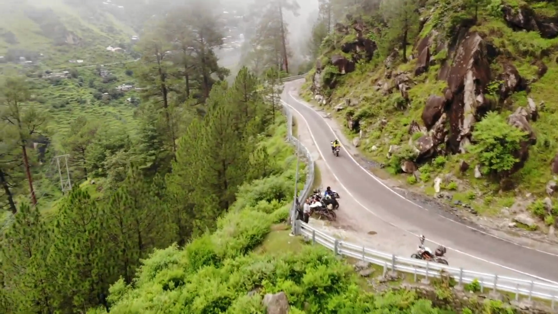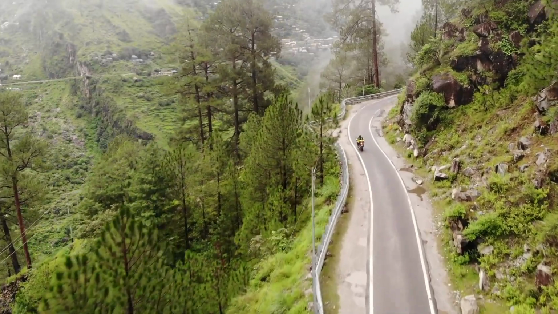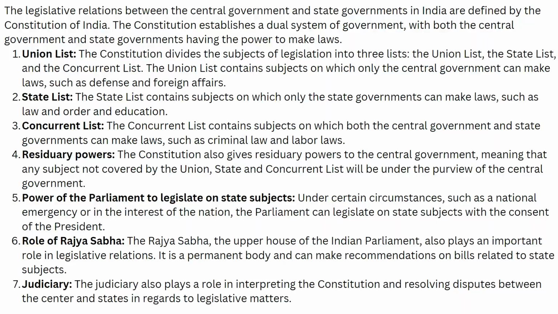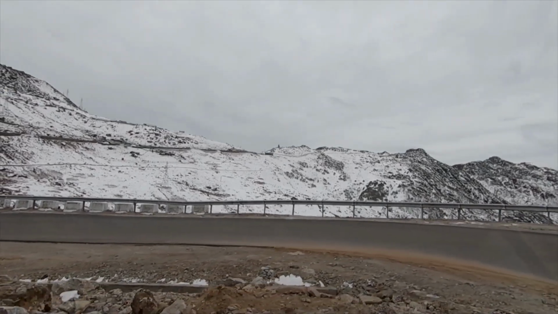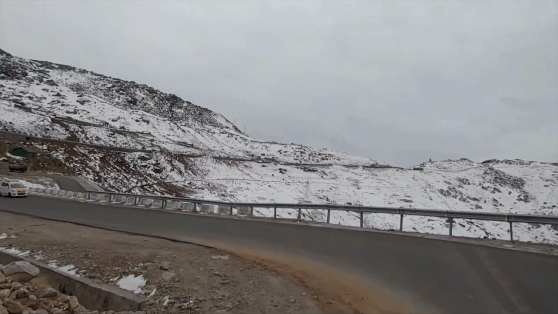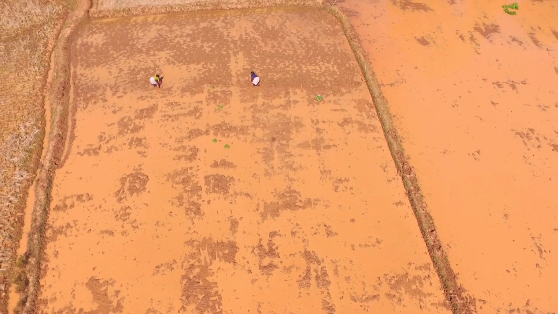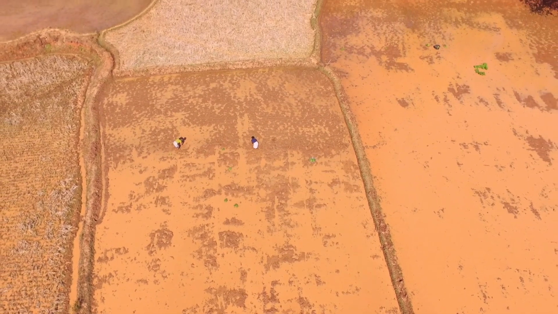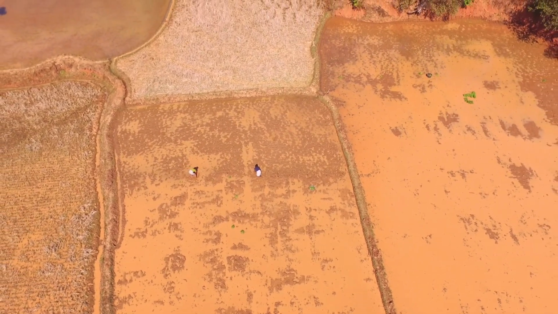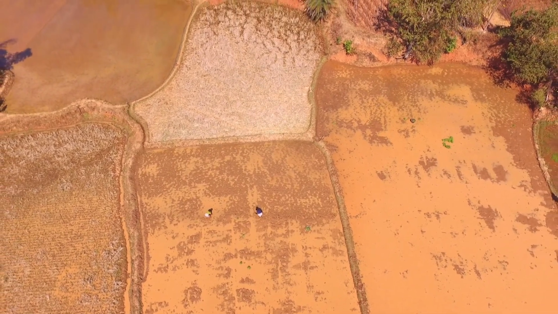Power of the Parliament to legislate on state subjects. Under certain circumstances, such as a national emergency or in the interest of the nation, the Parliament can legislate on state subjects with the consent of the president. Role of Rajya Sabha. The Rajya Sabha, the upper house of the Indian Parliament, also plays an important role in legislative relations.